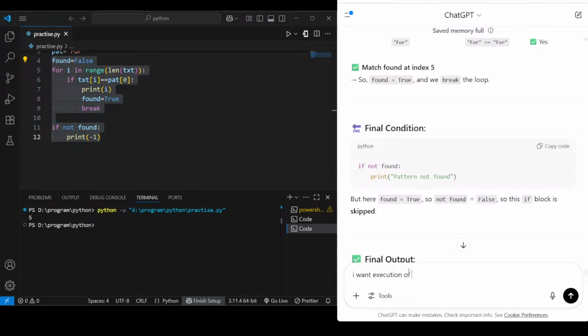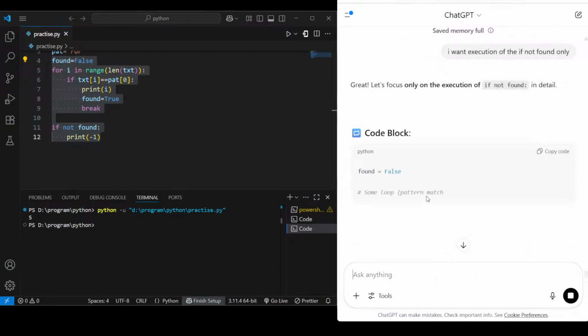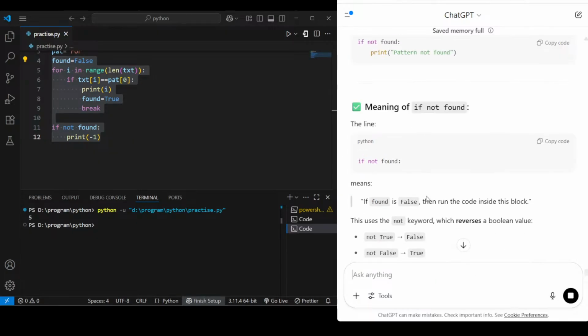I want execution of the if not found only. If not found, if found is false, then run the code inside this. Not true means false.